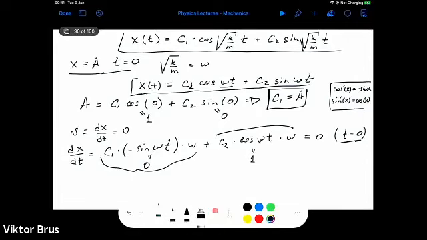So this part will be equal to 0 only when C2 is equal to 0. So this is the way we use the second boundary condition, that our velocity at t equal to 0 is equal to 0. Then we figure out that the constant C2 is also equal to 0.